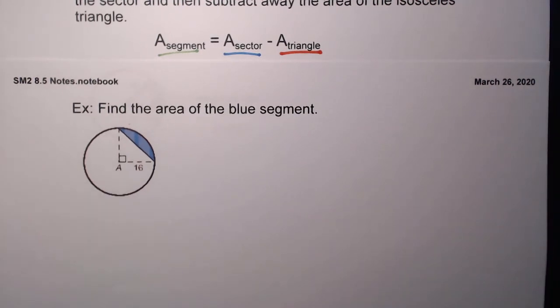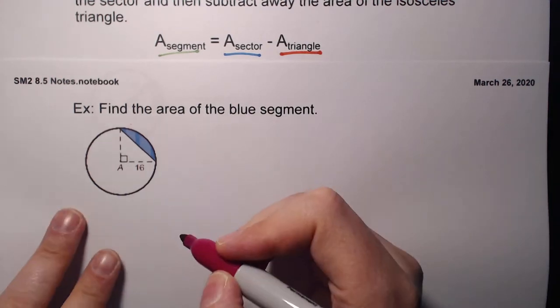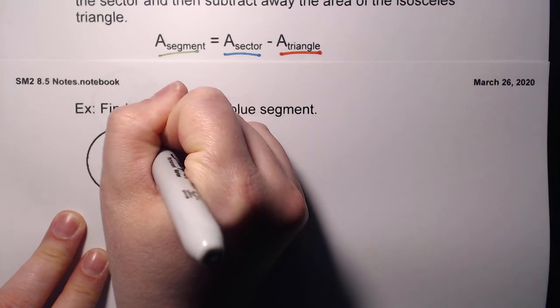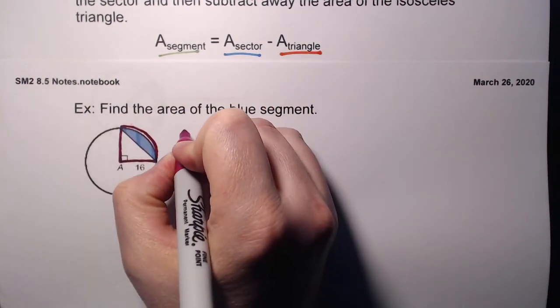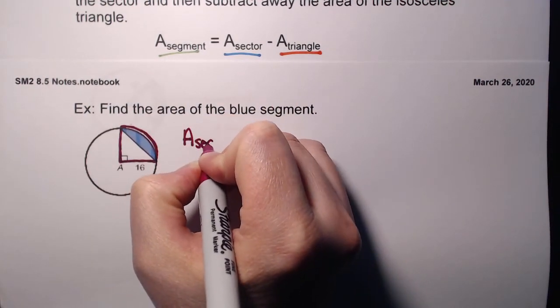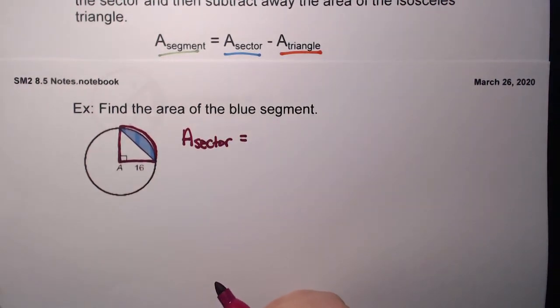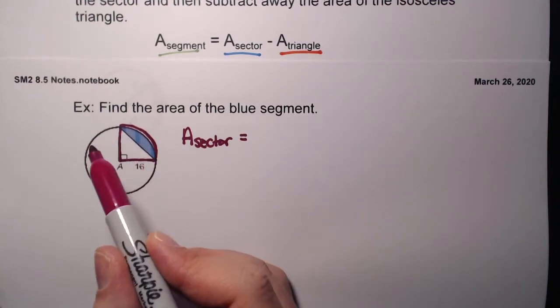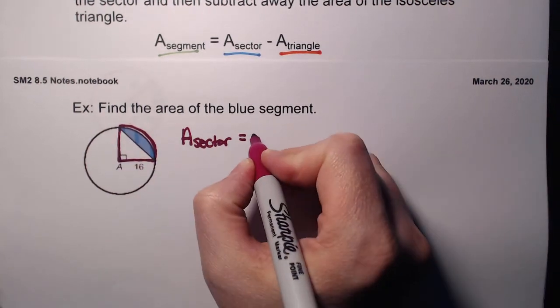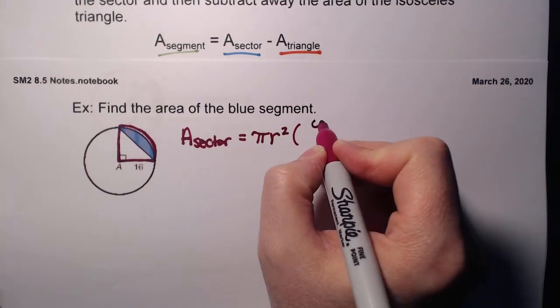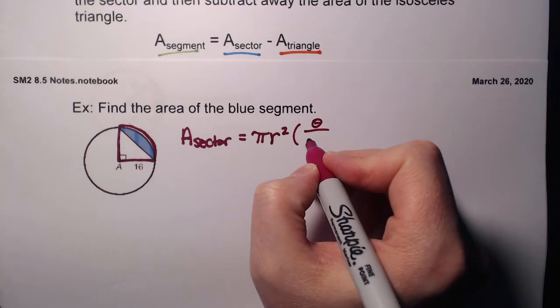is I want the area of the entire thing. So I have to find the area of the sector. So I have to go back to what the formula was. And remember, we're talking about the area of the entire circle times just the portion that we want.